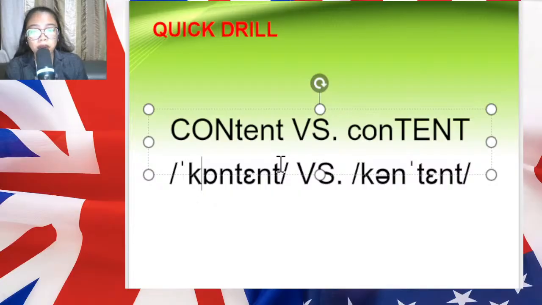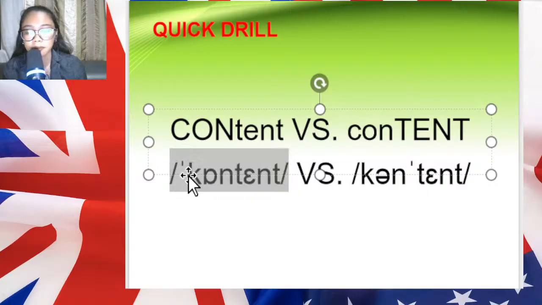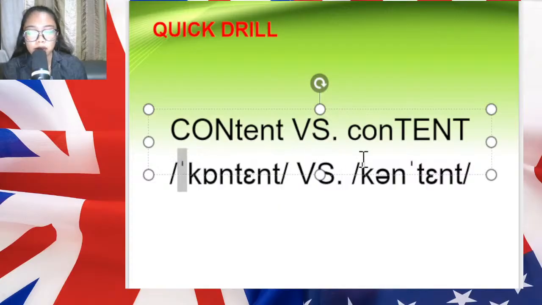And they usually put it right before the stressed syllable. Our stressed syllable here is con. So it's right before con, which means that con is our stressed syllable. If you see that the IPA transcription is like this, most likely we are referring to a noun because the stressed syllable is con.